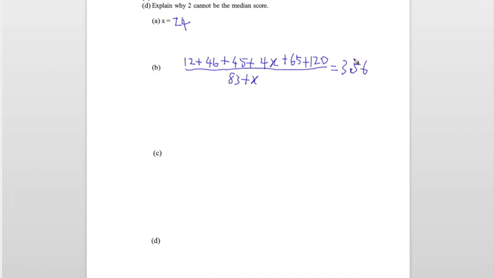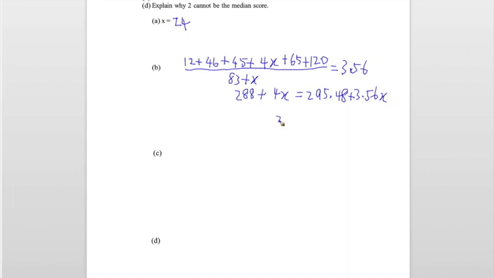Okay, so we cross multiply, we have 288 plus 4x equals 295.48 plus 3.56x.